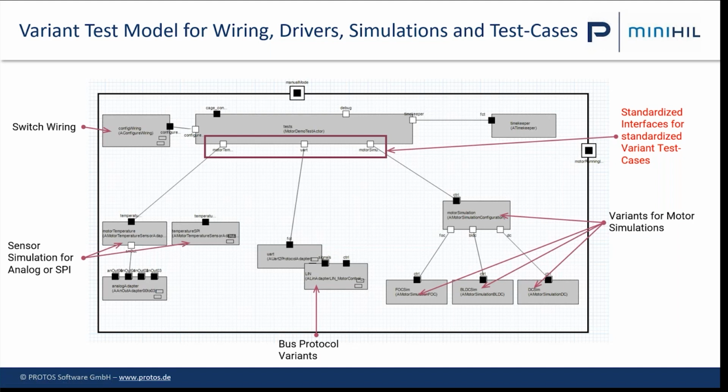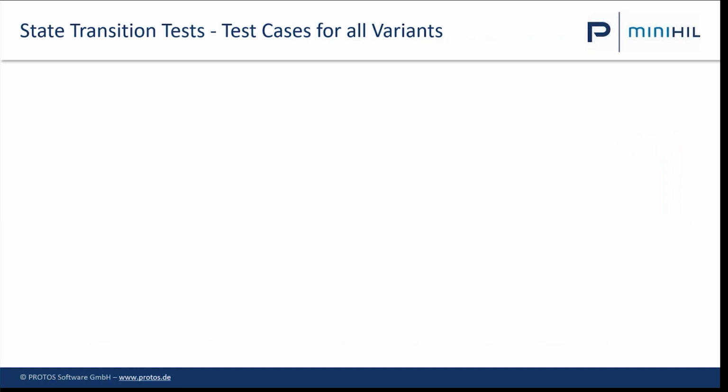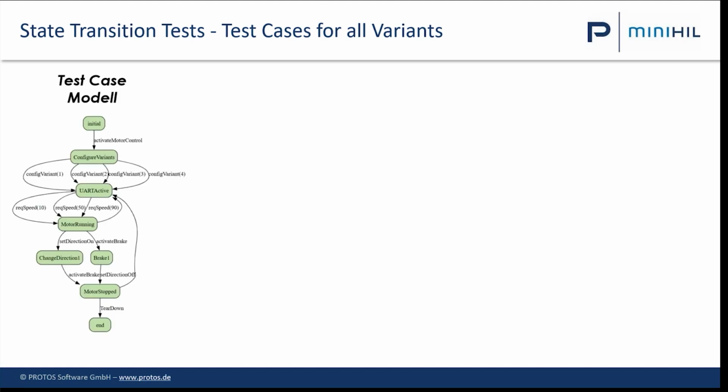Okay, now I have my IOs, my simulation environments. Let's have a look at the test cases. So for all the variants in the test cases, we usually use so-called state transition tests. So we can write test cases for all the variants and have a very structured approach for this. So the idea is you define the different variant configurations, for example, in your test cases.